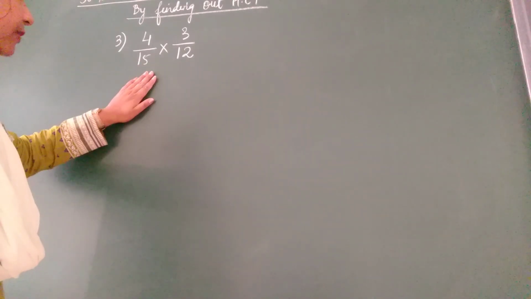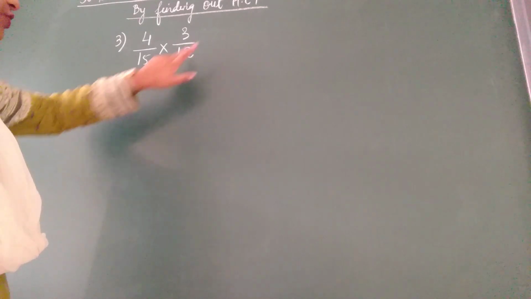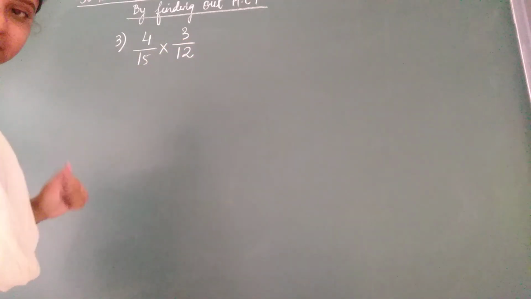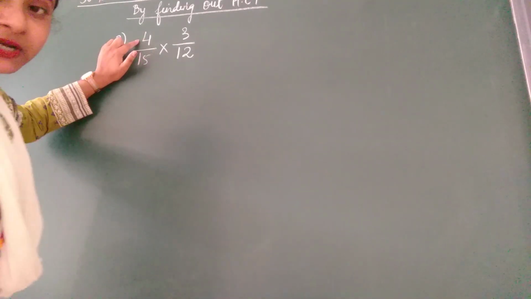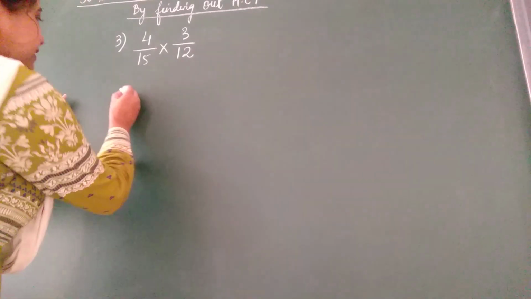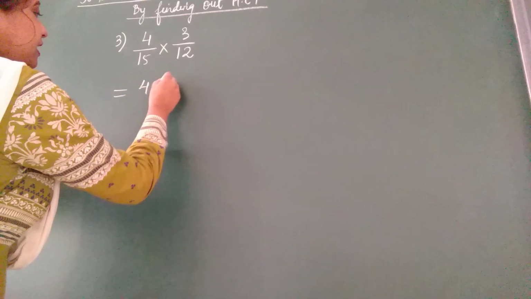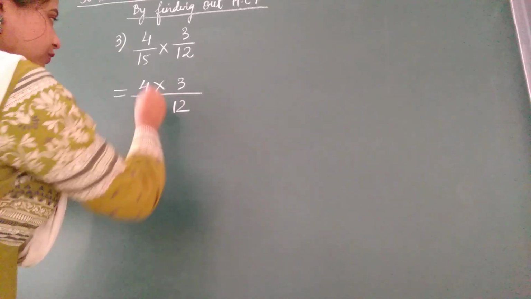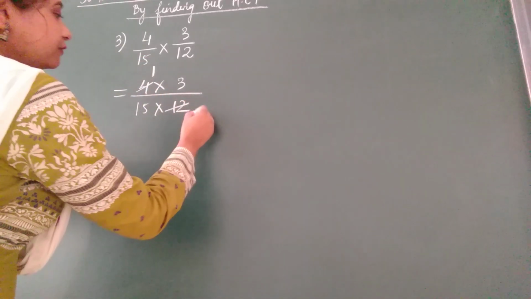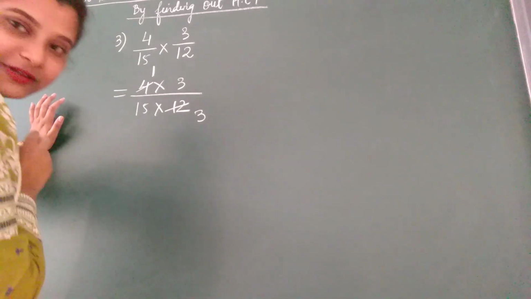Now look at this question. 4 by 15 into 3 by 12. See, here 12 is a multiple of 4 and 15 is a multiple of 3. So what you can do is 4 into 3 by 15 into 12. Cancel out. 4 ones are 4. 4 threes are 12, right?